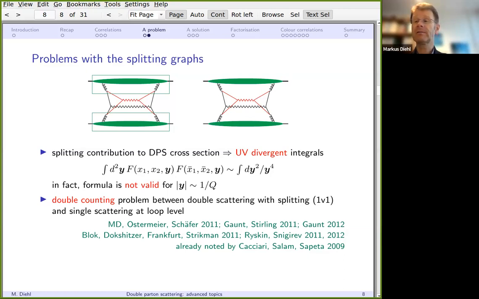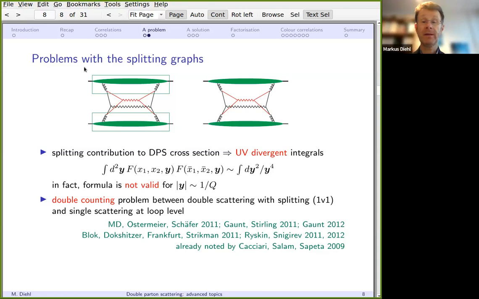Now the scatterings are not quite point-like in some sense, and that sense can be made precise if one wants to. The typical size of the hard scattering can be thought of as 1 over the hard scale.